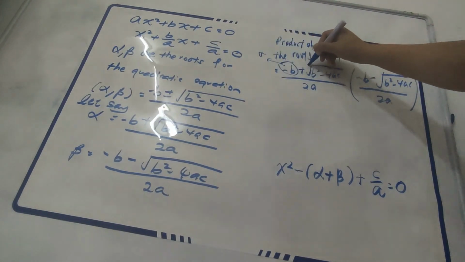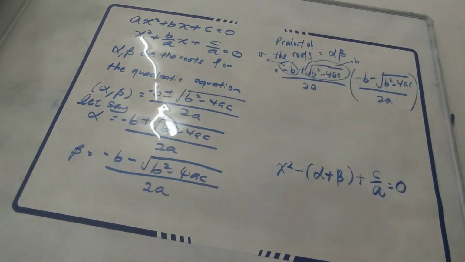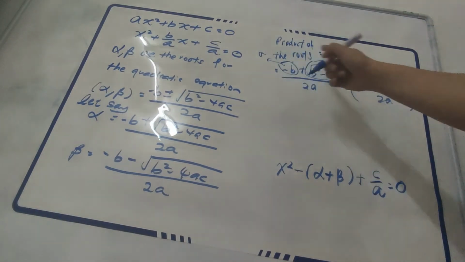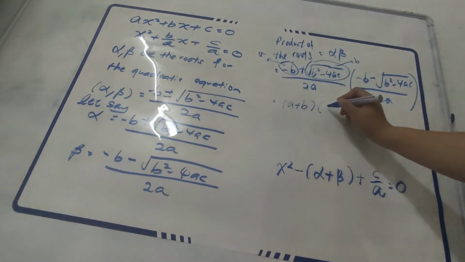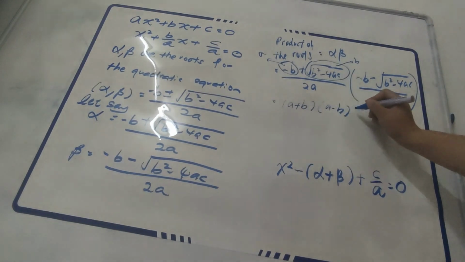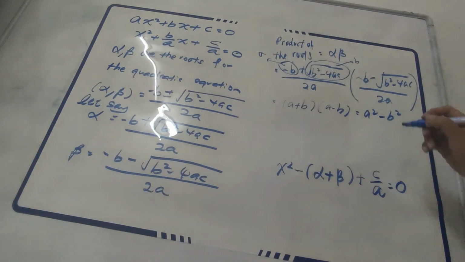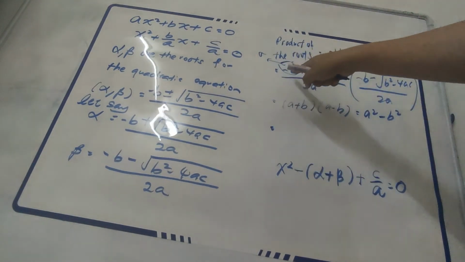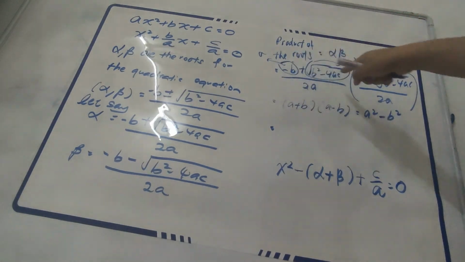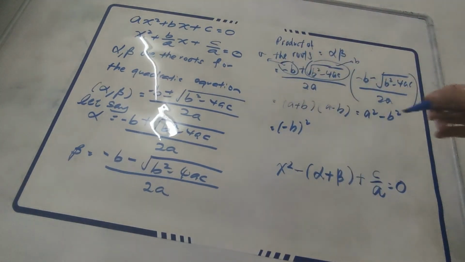When you rewrite the whole thing, it is a plus b times a minus b, which equals a square minus b square.